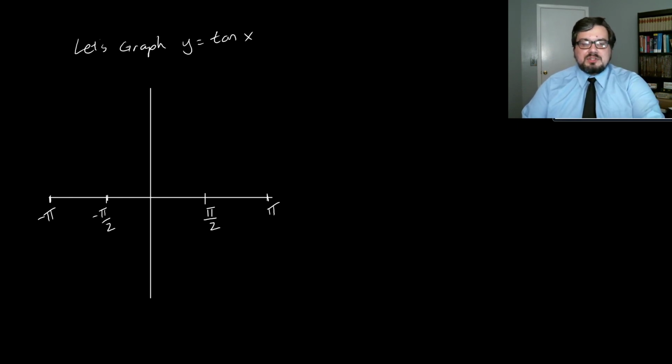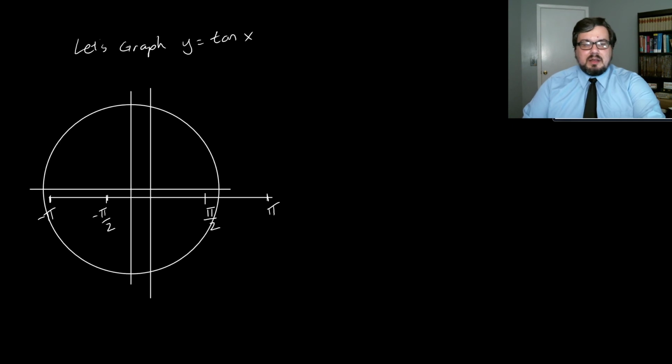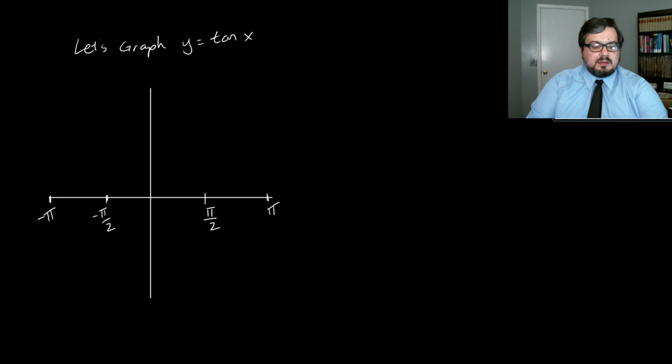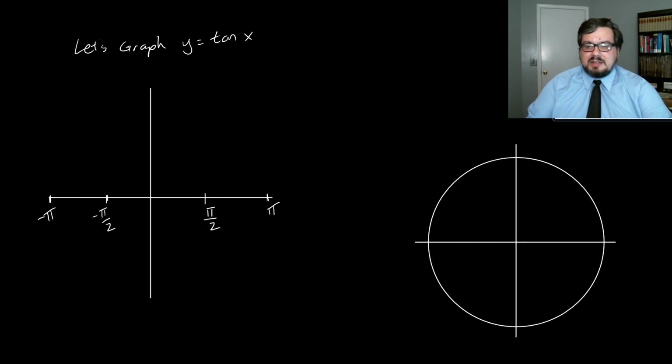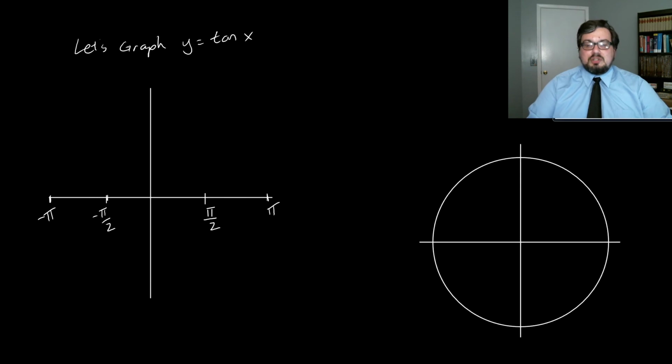Now, to understand what's going on here, the best thing to do is going to be to think about tangent in terms of the slopes of the lines being defined by the various angles, as I mentioned before. That really is the best way to think about tangent.